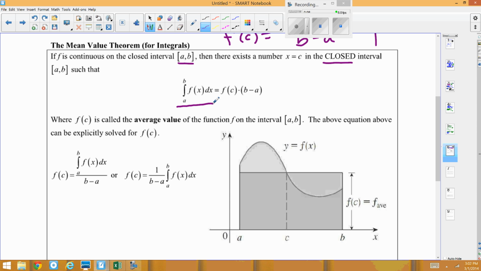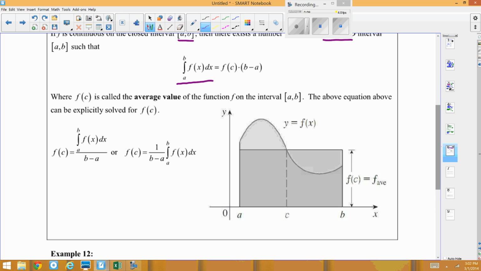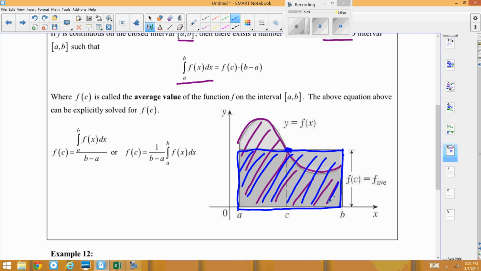Now this looks kind of confusing, and it's not too bad. What it's saying is there's some particular height, f of c, right here, such that when we have the area under this curve, which we don't know exactly because we don't have a function, for some y value that gives us a height, when we do this width times that height, this area matches the exact area under the curve.